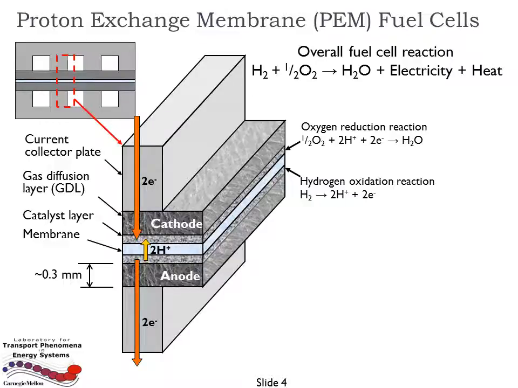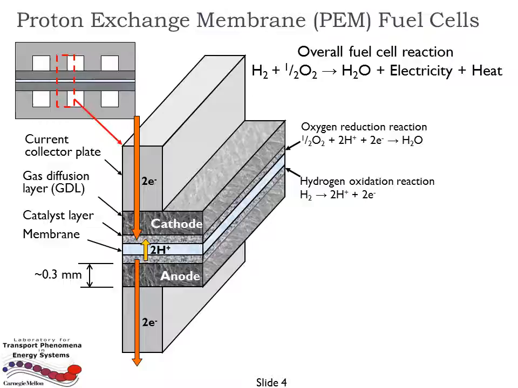This is to visualize what I was saying before. When we say the electrons leave the circuit, that's for the very last anode and the very last cathode. When you put them in series, that's where it goes through your load.